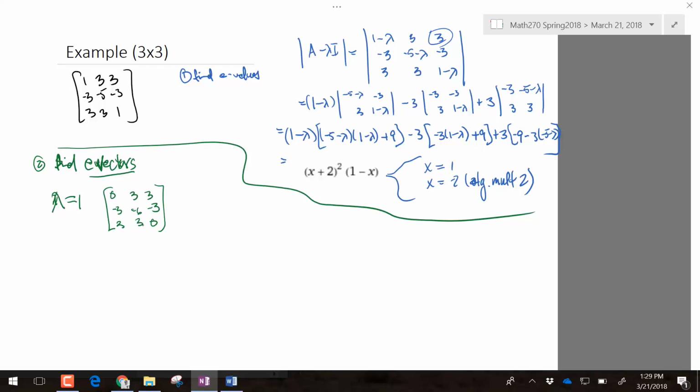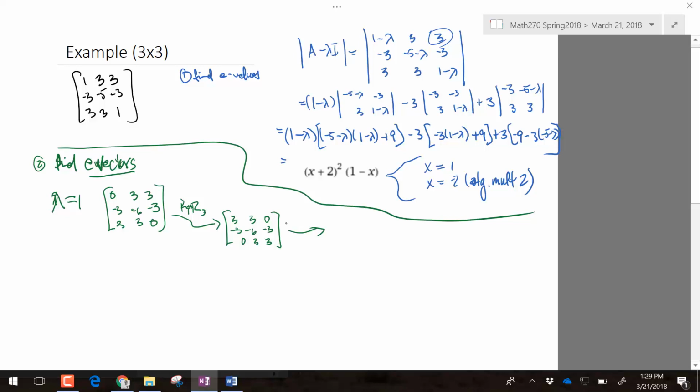All right, so I need to find the solutions for this. I may want to do a row swap. Maybe I'll row swap the first and the third one. So I got 3, 3, 0, minus 3, minus 6, minus 3, and 0, 3, 3.